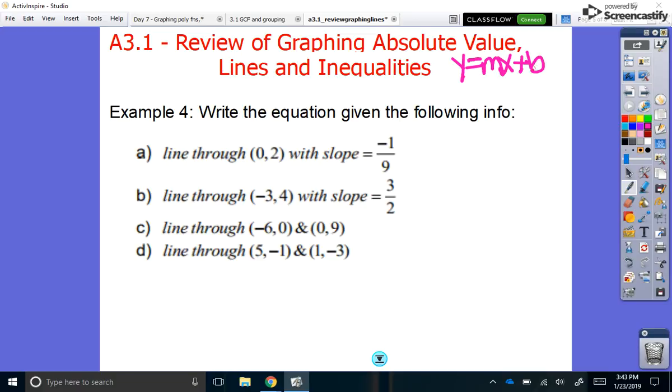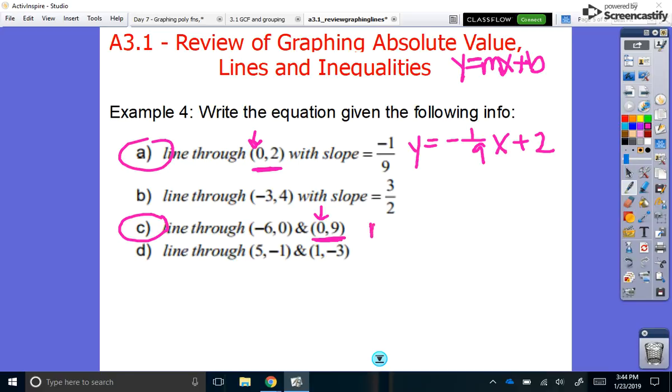So if I look at A, this is the y-intercept because x is 0. So I can just go straight to y equals negative 1/9 x plus 2. There's no work required. If I look at C, once I find the slope, this is the y-intercept because x is 0.